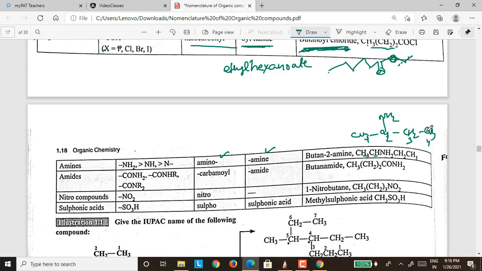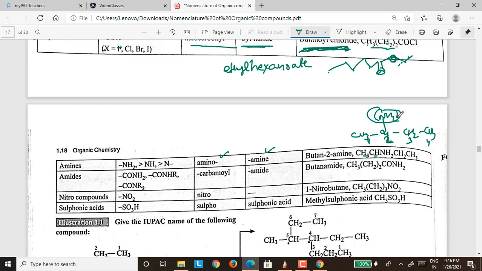You cannot number right to left, because the functional group would get 3. The functional group should get the lower number; here the lower number is coming from the left. So 2-aminobutane is wrong, because NH2 is a functional group, so you cannot make the suffix alkane.